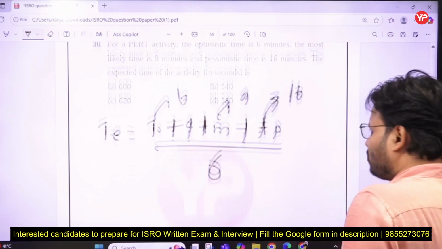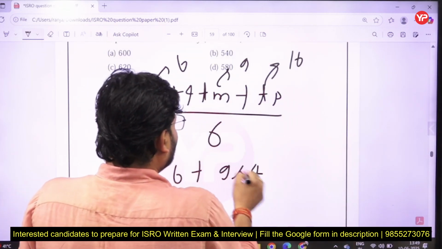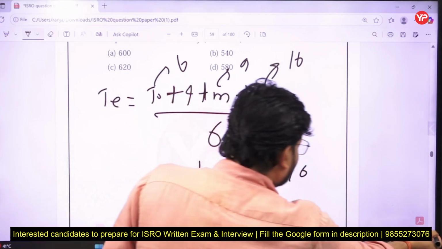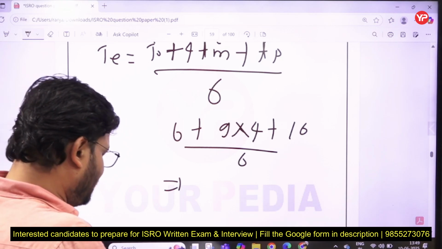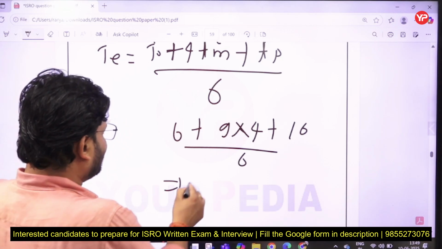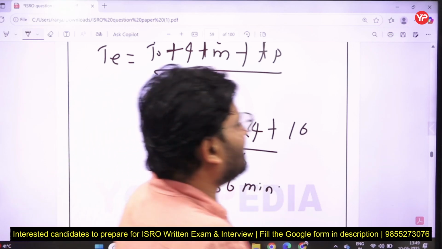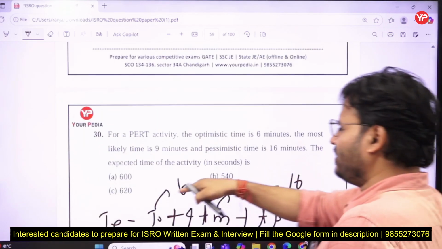So now solve that one: 6 plus 4 into 9 plus 16, upon 6. By solving that, it comes out to be 9.66 minutes. But in the question, if you go through the options, you will find they are given in seconds, right?